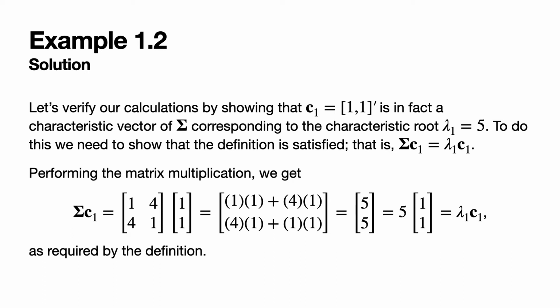Performing the matrix multiplication, cap sigma times C1, we get the 2 by 1 vector containing the entries 5 and 5. If we factor out the constant 5, we have 5 times the 2 by 1 vector containing 1s, and that is lambda 1 times C1. And so we can see here that C1 satisfies the definition for being a characteristic vector of cap sigma corresponding to the characteristic root lambda 1 equal to 5.